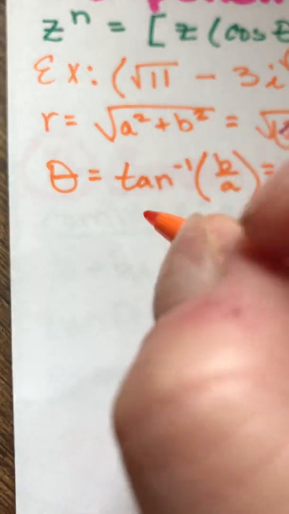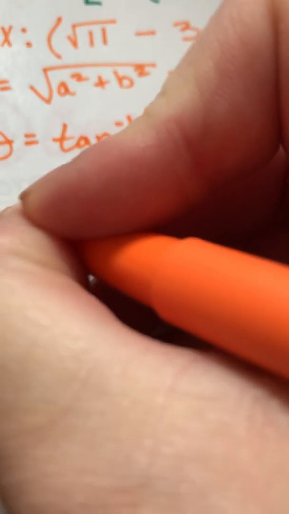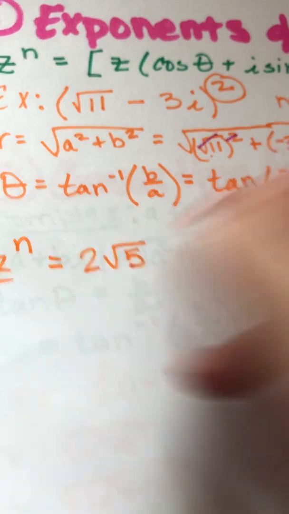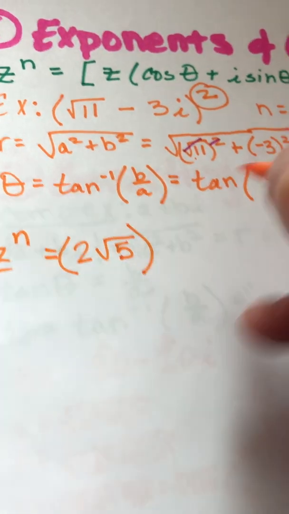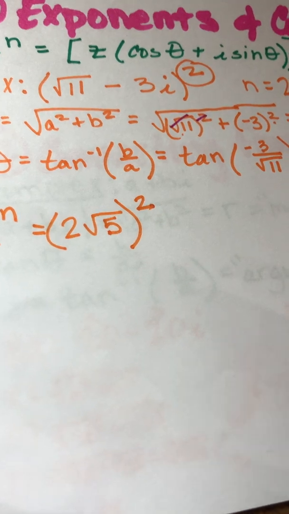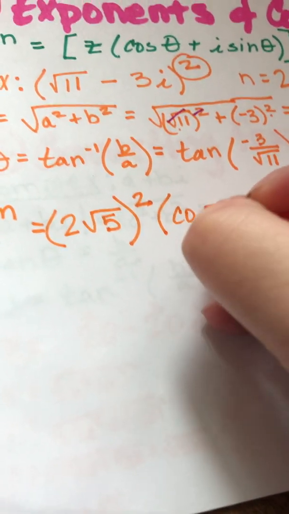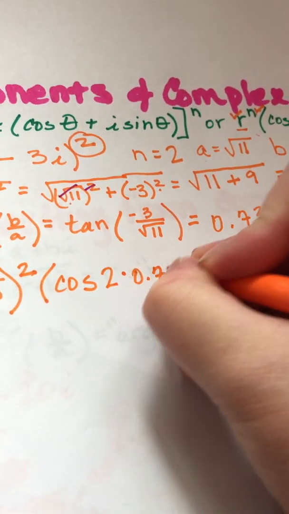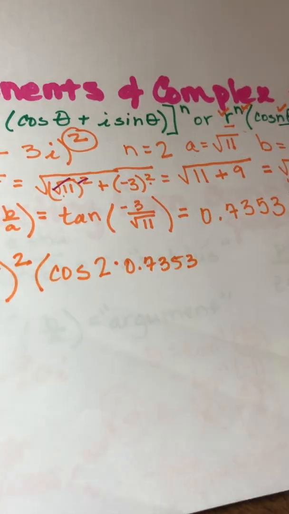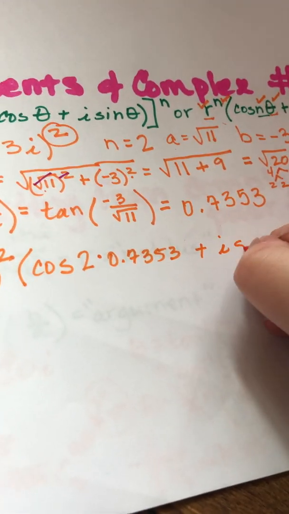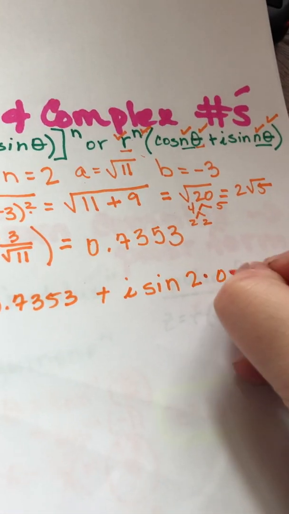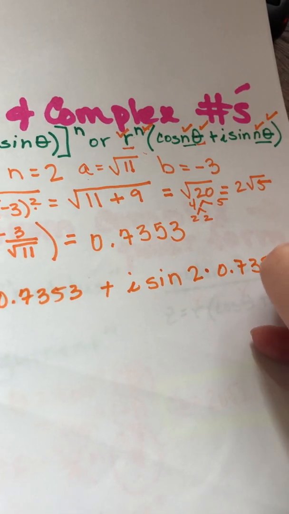Okay, so now we're going to plug it all in the formula, this r to the n formula. So we're going to say z to the n equals, instead of r to the n, we're going to have 2 square root 5, because that's my r, to the n power, the n is 2, parentheses cosine n theta, that means 2 times 0.7353 plus i sine n theta, 2 times 0.7353.